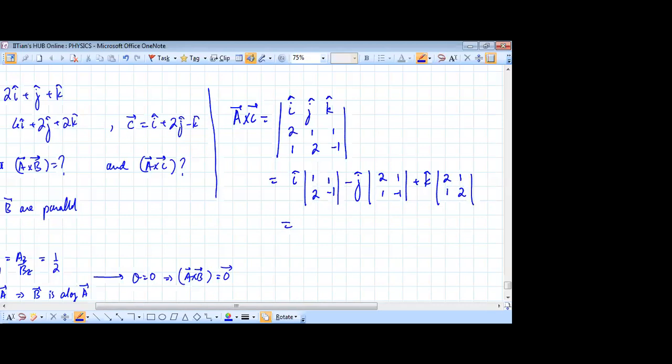So this will become minus 1 minus 2. So minus 3 I cap. Okay. Then minus 2 minus 1. So again minus 3. So this will become plus 3 with the minus sign outside. And this is 4 minus 1. So plus 3 K cap. So this will be my A cross C.